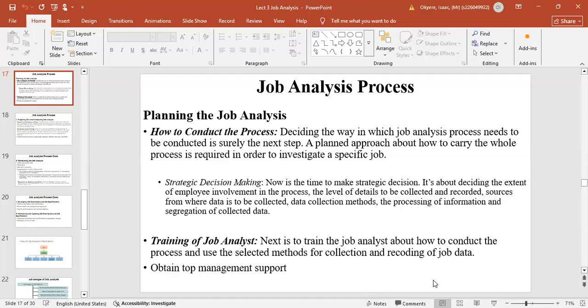You need to decide the sort of training for those who are expected to do job analysis. Remember, we decide on who is expected to do the job analysis.